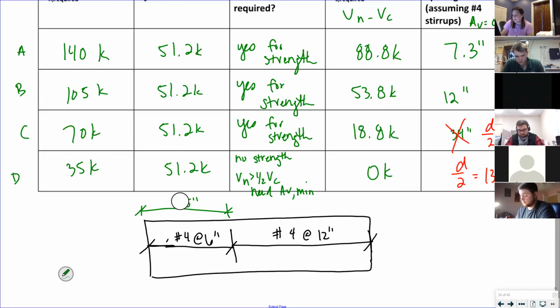And then you could round it up maybe to 5 feet. And then this could be another 5 feet.